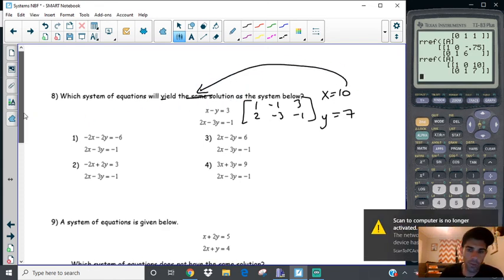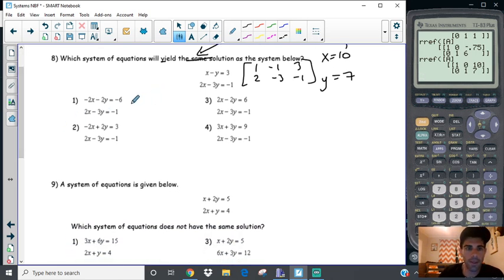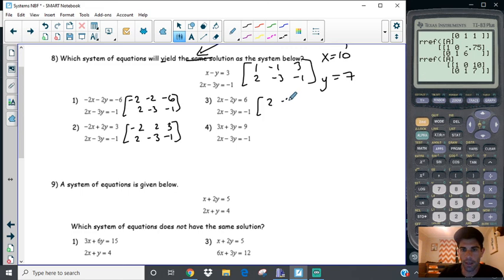So you go through each one of these and you say, all right, well, here's negative 2, negative 2, negative 6, 2, negative 3, negative 1. Find his solution. Negative 2, positive 2, and 3, 2, negative 3, negative 1. Find his solution. 2, negative 2, and 6, 2, negative 3, and negative 1.